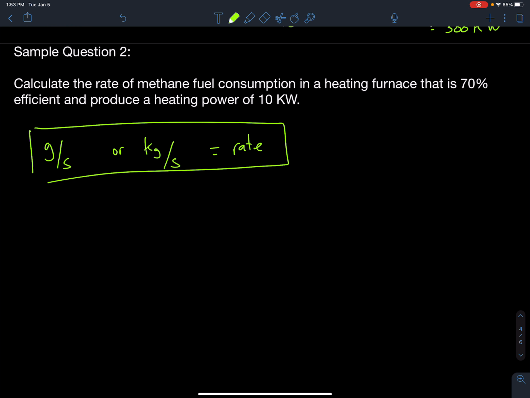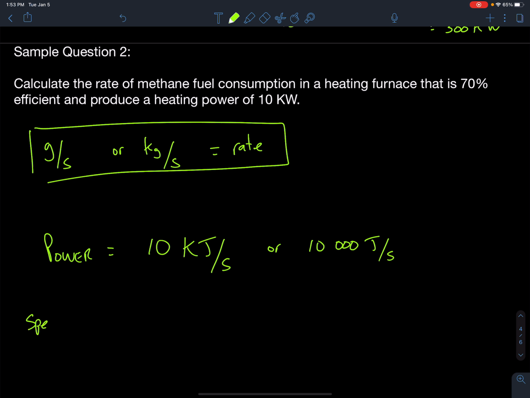So the final product, the power that it produces, is 10 kilojoules per second, or 10,000 joules per second. And what I need to know about the specific energy of methane is, again, 46.5 megajoules per kilogram.